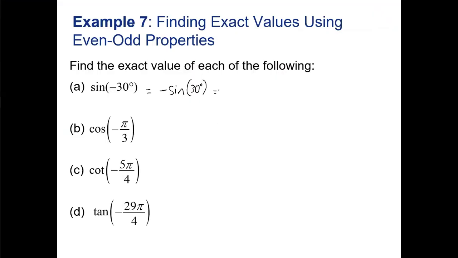So the answer is going to be the negative sine of 30 degrees, so negative 1/2. Okay, cosine was even, so we know that this is equivalent to the cosine of pi over 3. And if you consult for the x coordinate of the pi over 3 intersect point, you'll get 1/2.